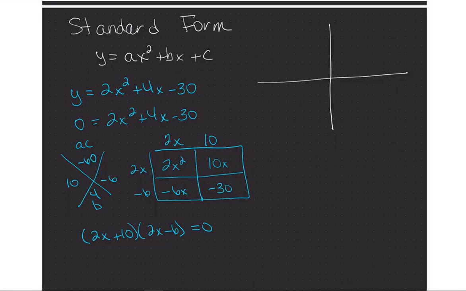Zero product property says that one of these two has to equal 0. So either 2x plus 10 has to equal 0, or 2x minus 6 equals 0. 2x equals negative 10, x equals negative 5, 2x equals 6, and x equals 3.